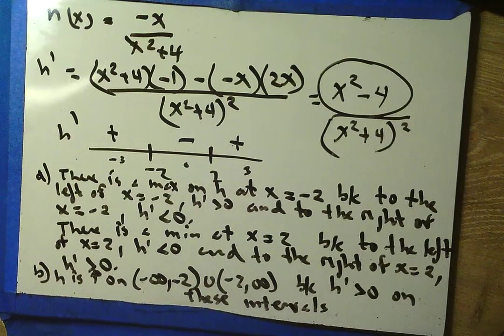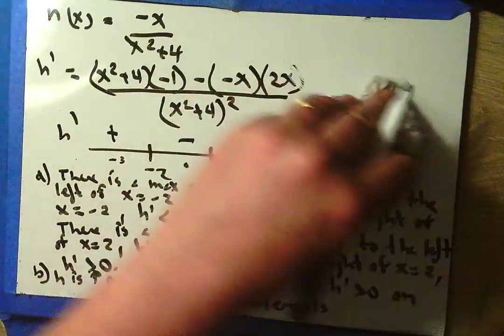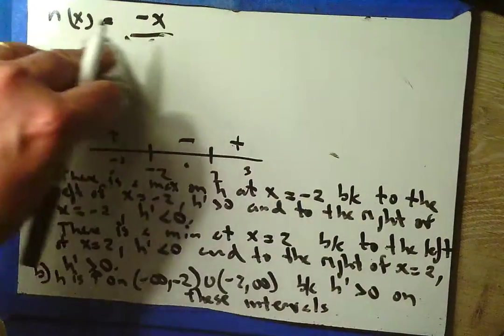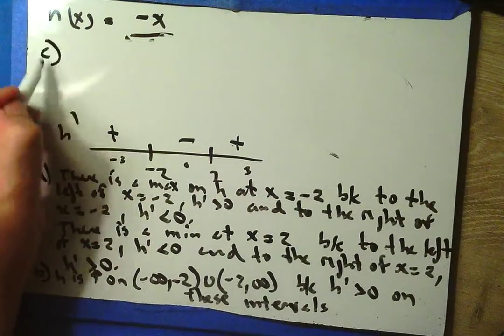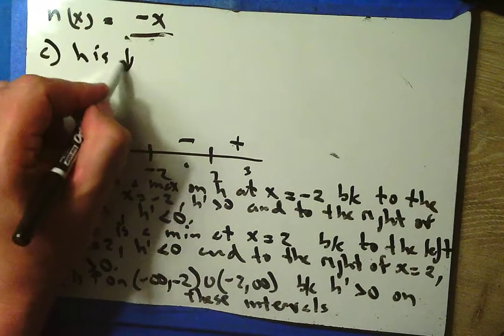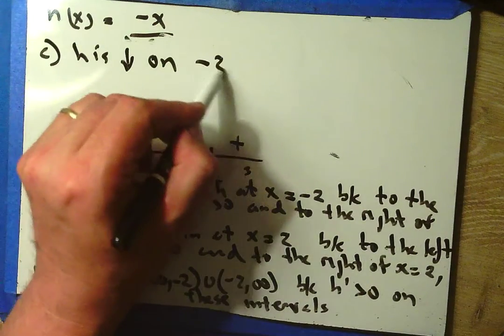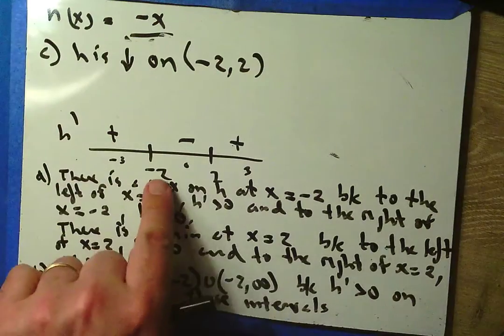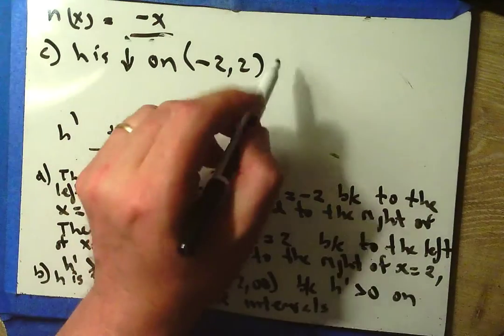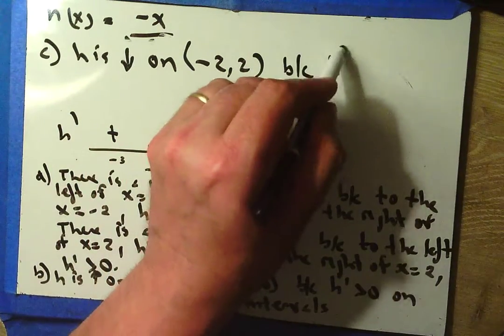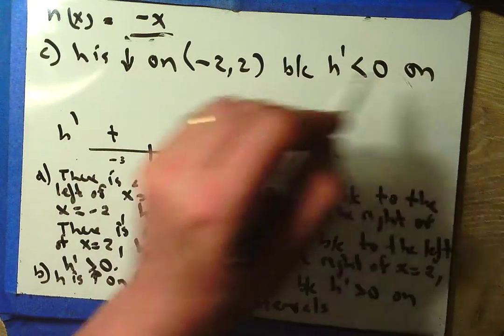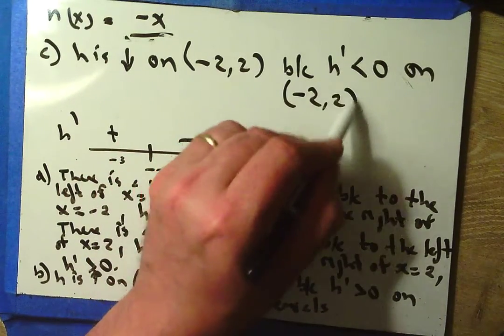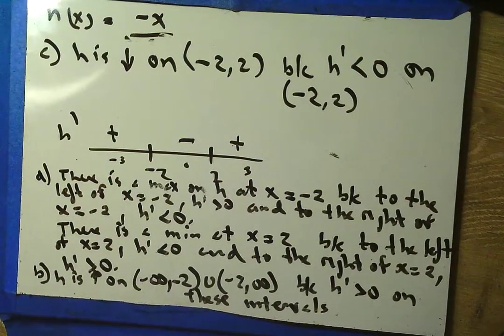And finally, we're asked when is h decreasing. h is decreasing on negative 2 to 2, because h prime is less than 0 on negative 2 to 2. All right, that was number 25.